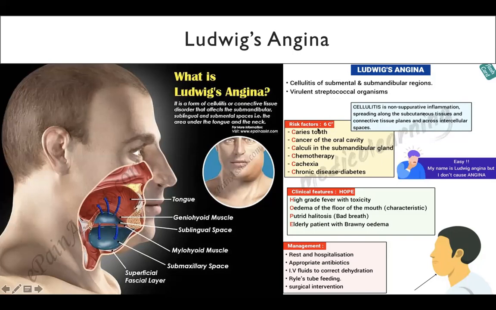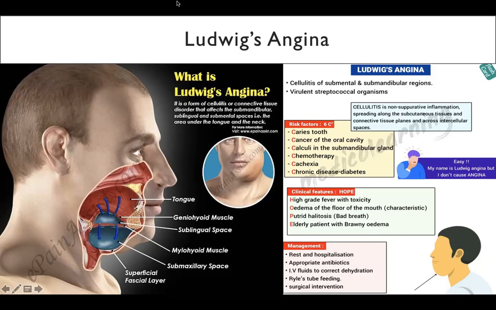And we have risk factors for this, 6C, and surprisingly, the first one is caries, dental caries. The most common risk factor for Ludwig's angina is tooth caries. And then there can be cancer of the oral cavity, calculi in the submandibular gland. Yes, the submandibular gland can have calculus, chemotherapy, cachexia, chronic disease, such as diabetes.